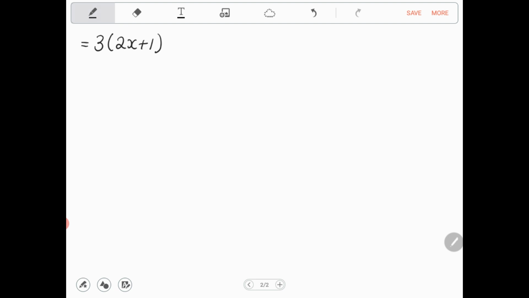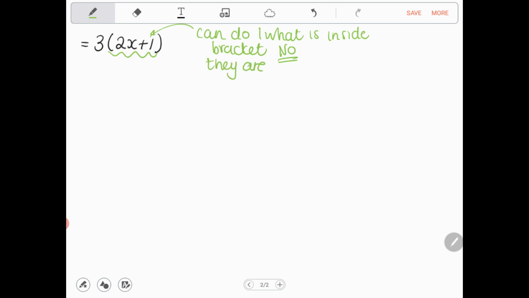Because if I look inside this bracket here, can I do what is inside the bracket? The answer there is no. They are not like terms, and we can only add and subtract like terms in algebra.